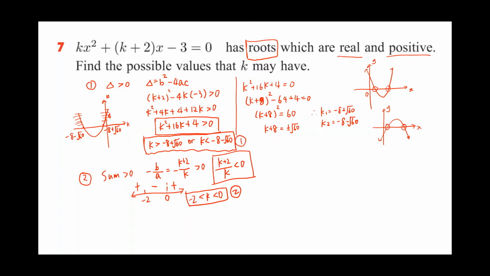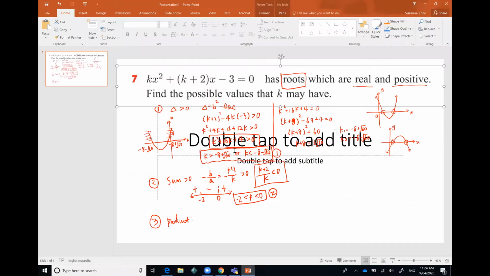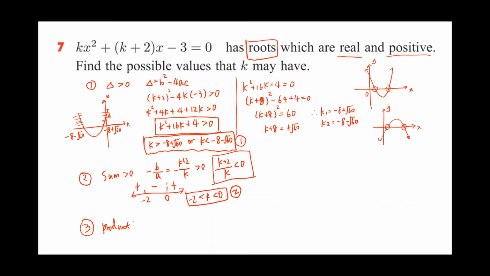Yep. And my number 3, if I use the sum, should I also consider the product? The product, because both are positive, so I need to make sure the product is also above 0. Do you agree? So that would be product above 0.